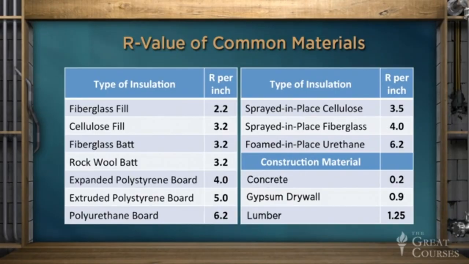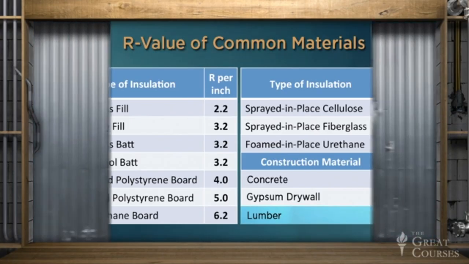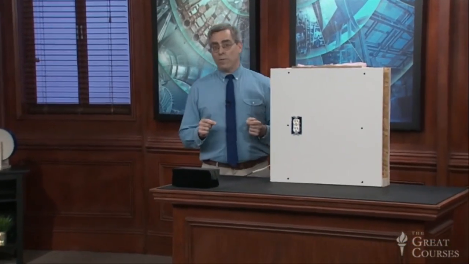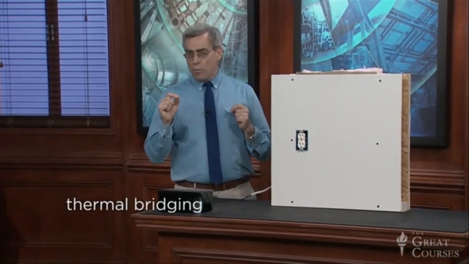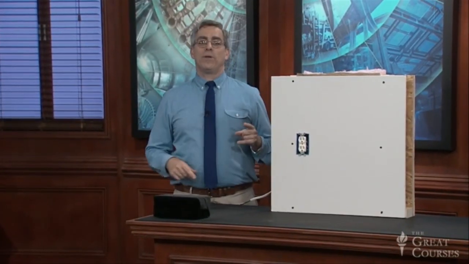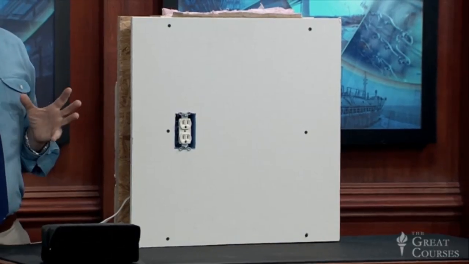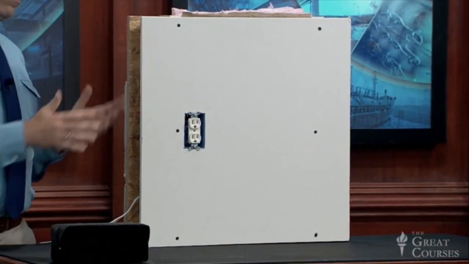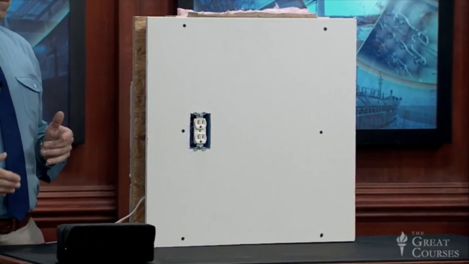Now, returning to our table, note that the R value for lumber is only 1.25 per inch. This creates a serious problem, a phenomenon called thermal bridging, which affects all types of insulation installed within the wall cavity. Let's investigate the phenomenon of thermal bridging using my model of a typical 2x4 stud wall.